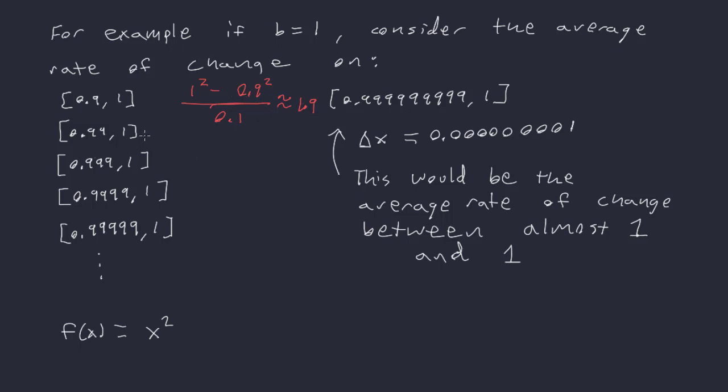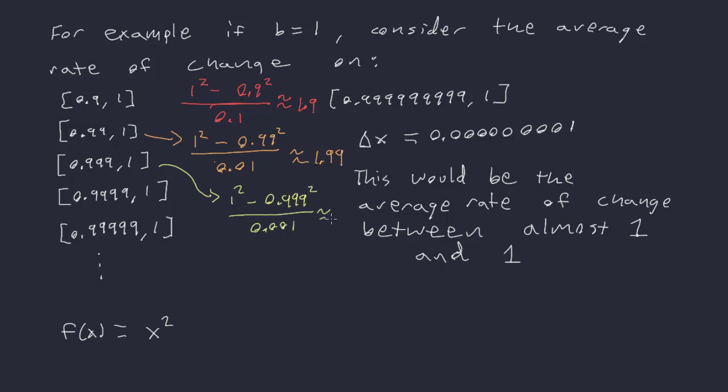Then for the second one, we do this again. I'm going to get 1 squared minus 0.99 squared over 1 minus 0.99, so that's actually going to be over 0.01. I ended up getting 1.99. Then we'll do it again. However, I imagine at this point you could probably guess that when we do the next step, we'll probably get 1.999.